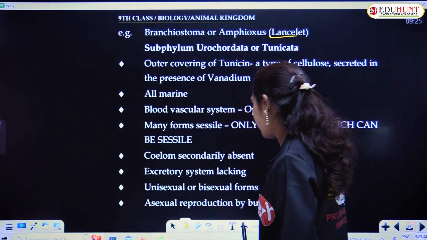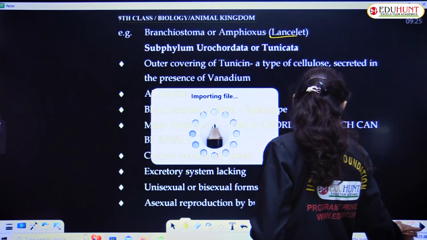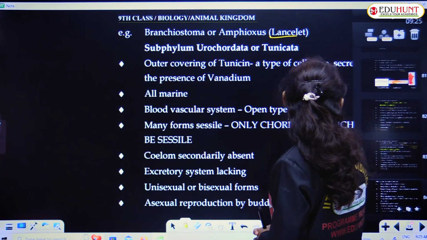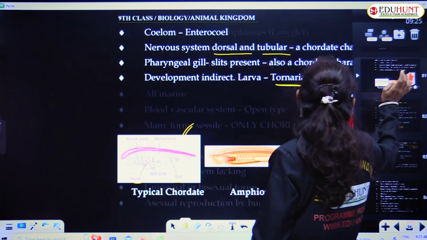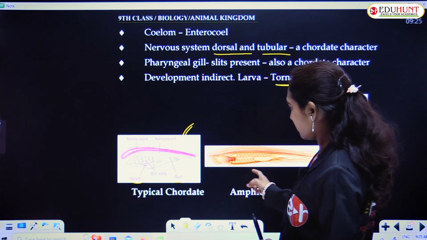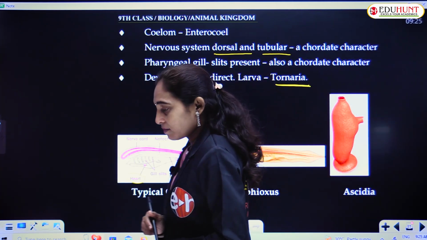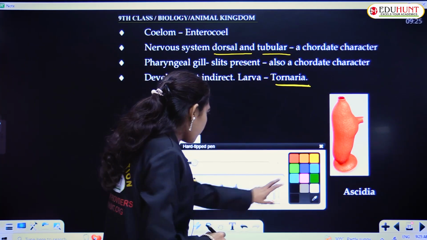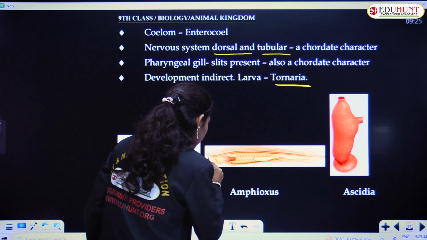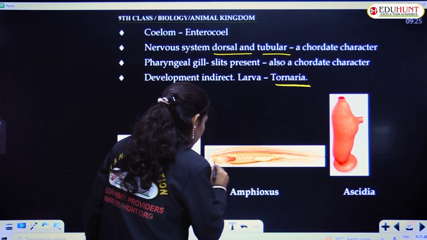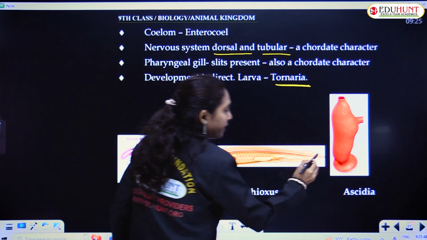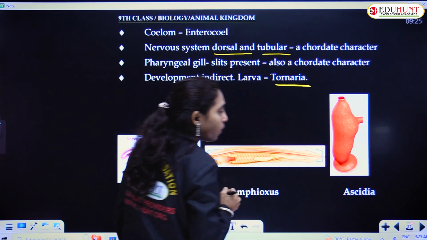I'll show you the picture of Amphioxus. Yeah, this is the picture of Amphioxus. You can see the notochord extended from the head to the end of the tail.